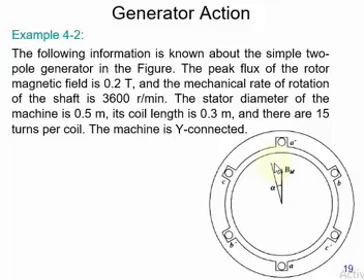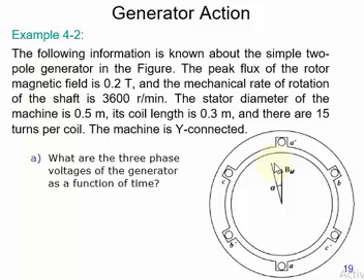The stator diameter of the machine is 0.5 meter. Its coil length is 0.3 meter, and there are 15 turns per coil. The machine is Y connected. What are the three-phase voltages of the generator as a function of time?